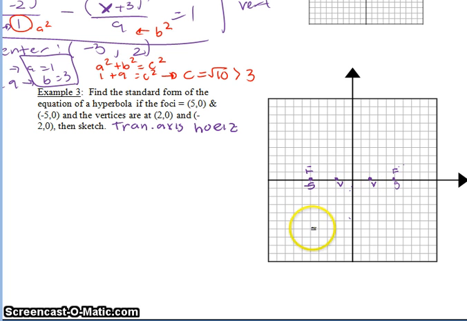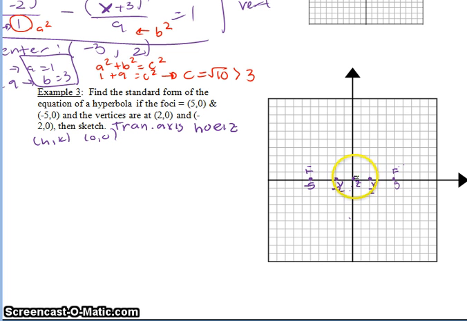So I know my hyperbola is going to roughly sketch out with left and right opening C's. So I'm going to label those. And remember that the center is going to be in between the 2 vertices. So I know that my center, my h, k, must be at 0, 0 for it to be symmetric.